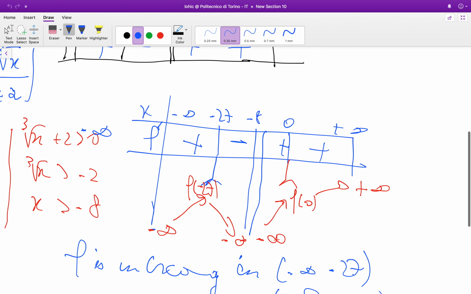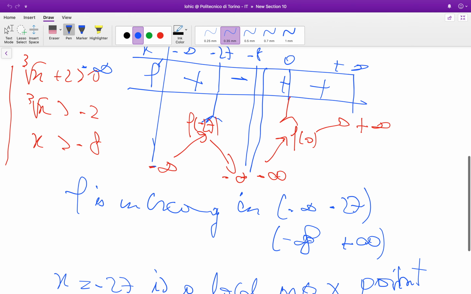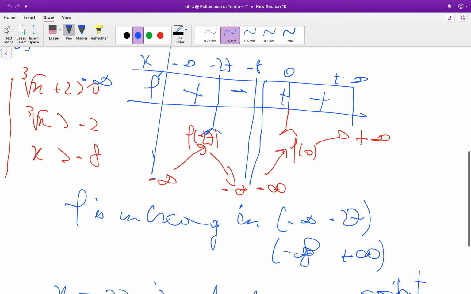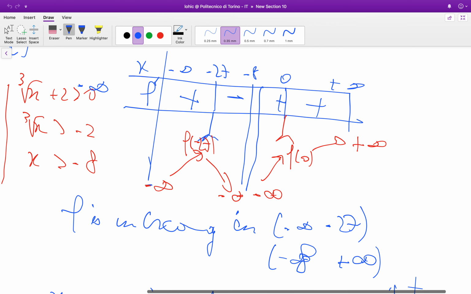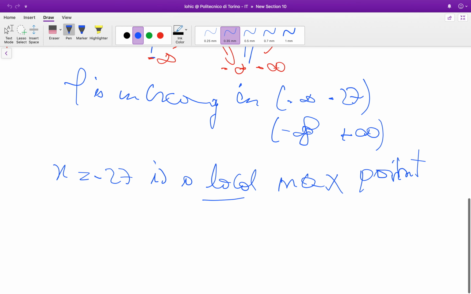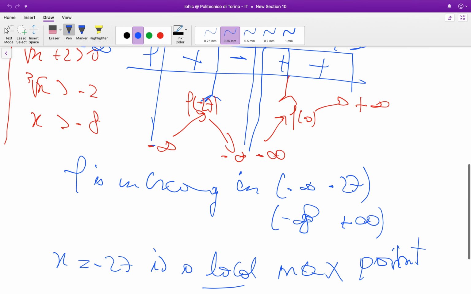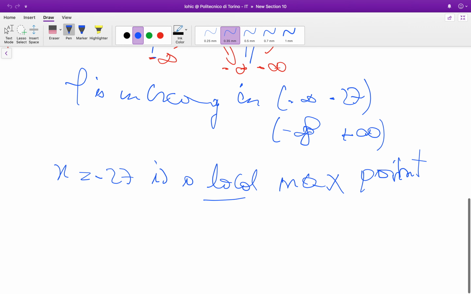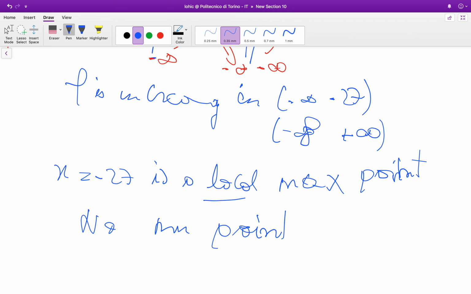Yes, it is a maximum because the function goes like this, but it is just local, because the function then goes to plus infinity. It's a maximum but not the highest point of the function. And one can clearly see that there is no minimum point, right? There is no minimum point.